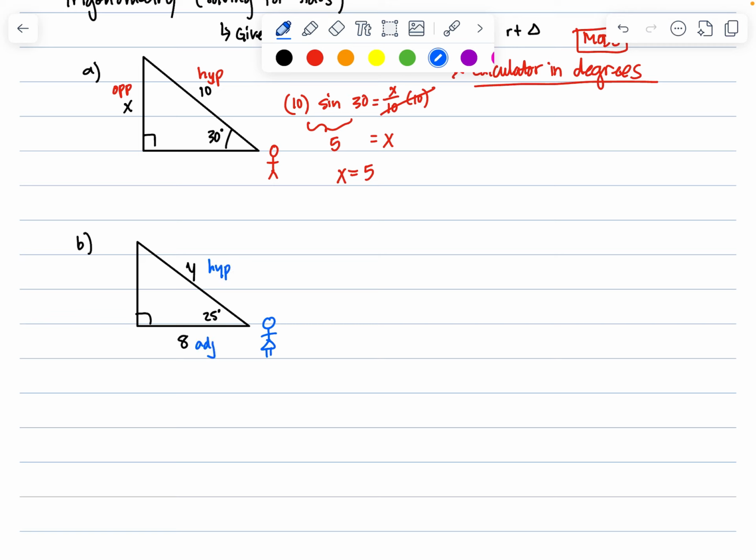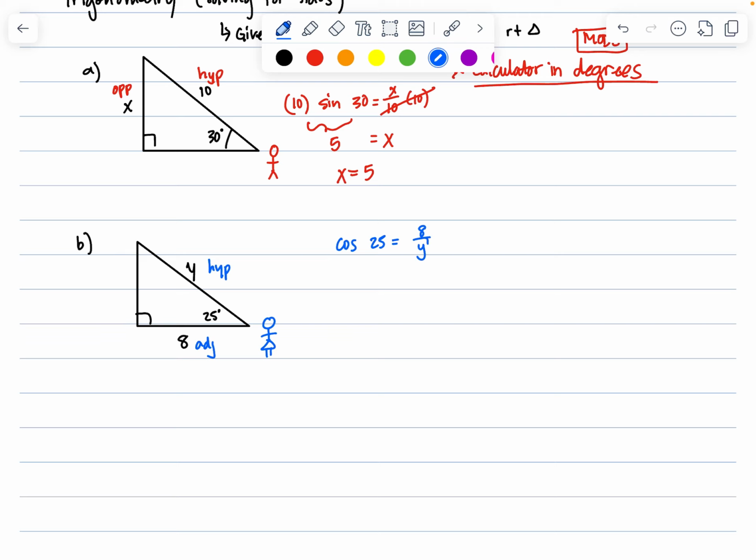We have 8 for the adjacent, so that means we need to work with cosine. Cosine of 25 degrees is equal to adjacent side 8 over the hypotenuse y.